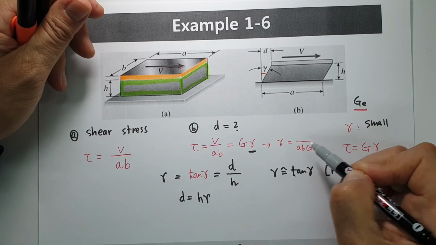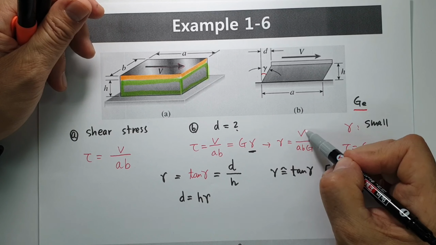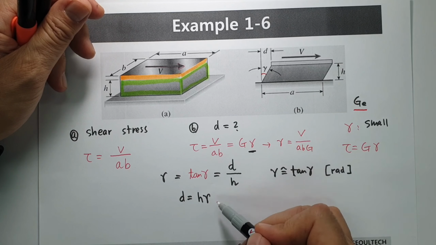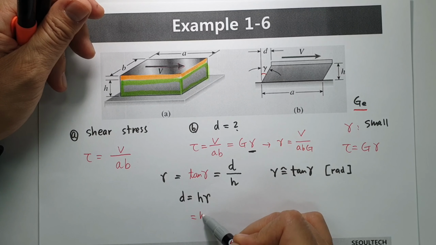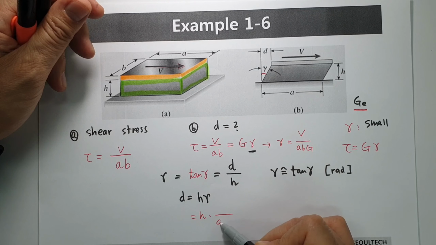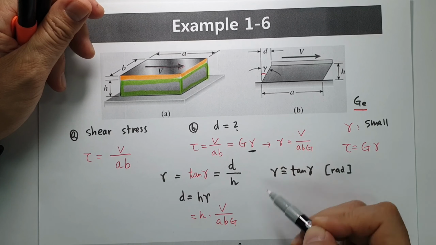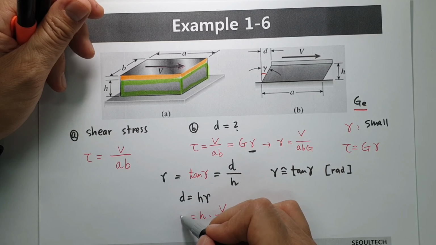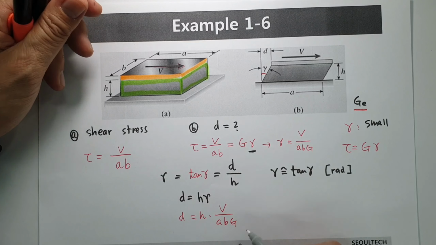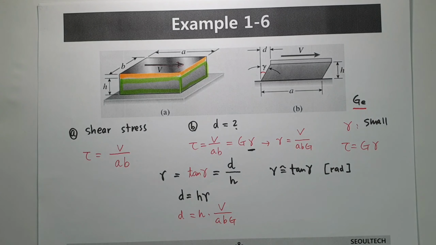Here you can calculate gamma equals V over ABG. When you substitute this value there, d equals hV over ABG. Then finally you can decide this value.